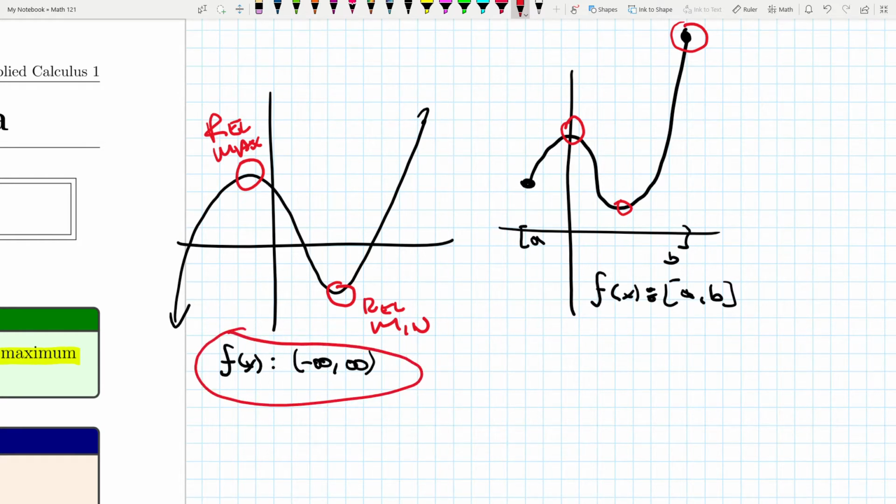In this case, we look for this relative minimum and this relative maximum. The reason these are all relative is that, due to this arrow pointing up and this one pointing down, they go all the way to positive and negative infinity, which technically are the absolute maximum and absolute minimum respectively.